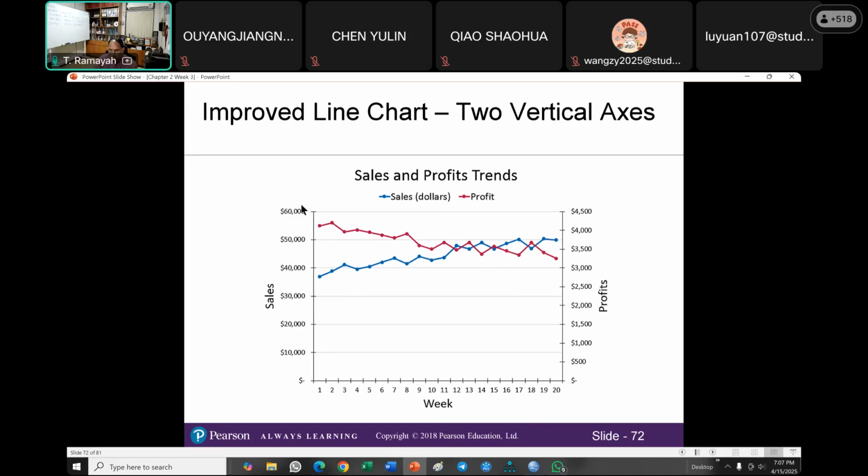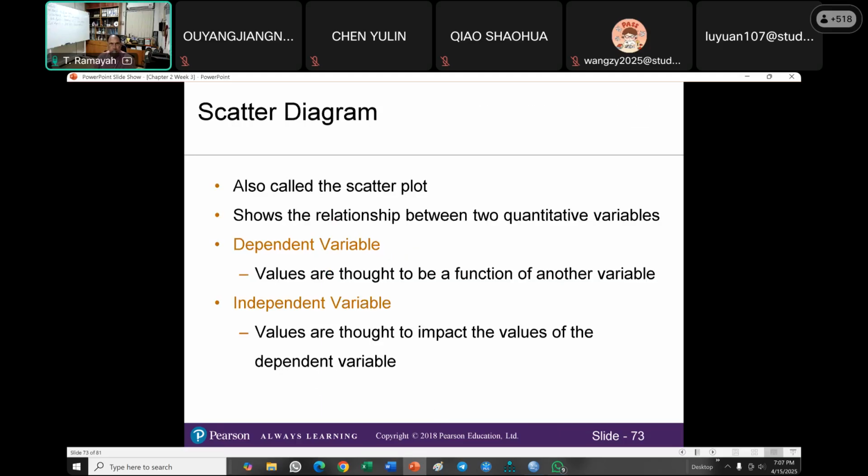So we can do both line charts and superimpose them with different increments in the labeling, so that we can see a comparison.